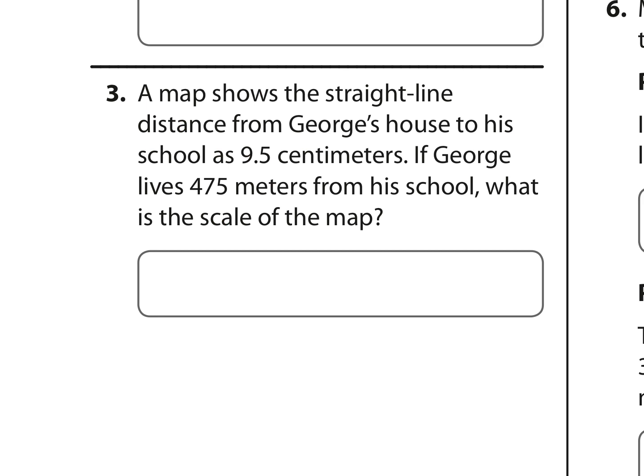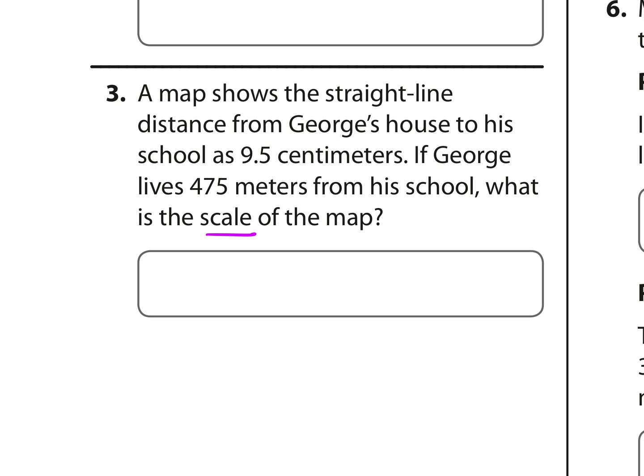Number 3, a map shows the straight line distance from George's house to his school as 9.5 centimeters. If George lives 475 meters from his school, what is the scale of the map? So the scale is just where I can figure out how many meters are being covered by 1 centimeter on the map.